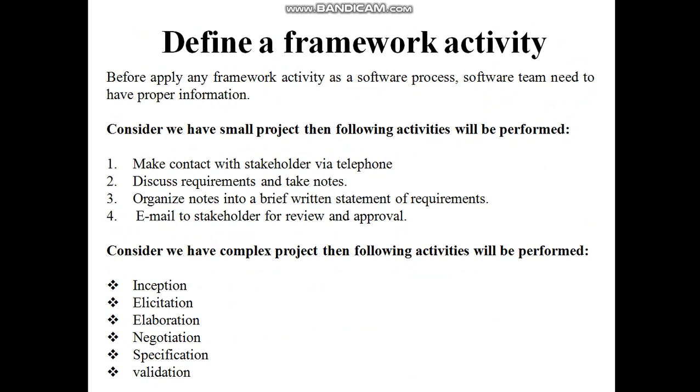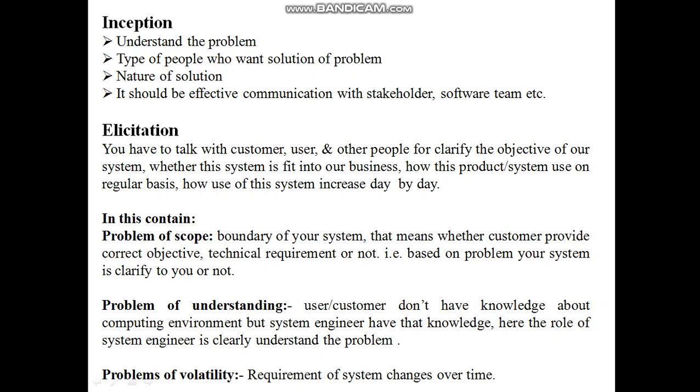But if you develop a complex project, then the activity should include inception, initiation, elaboration, negotiation, specification, and validation. So let's understand what inception is. Inception is nothing but understanding the problem, the type of people who want the solution to this problem, and the nature of this solution, and it requires effective communication with your stakeholder and user.